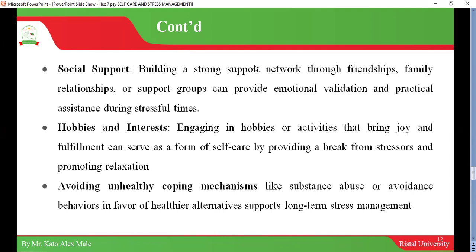They must avoid behaviors, for example, avoidance behavior, where you try to stay away from people. This comes in favor of healthier alternatives, which supports long-term stress management. Now that is the coping mechanism.